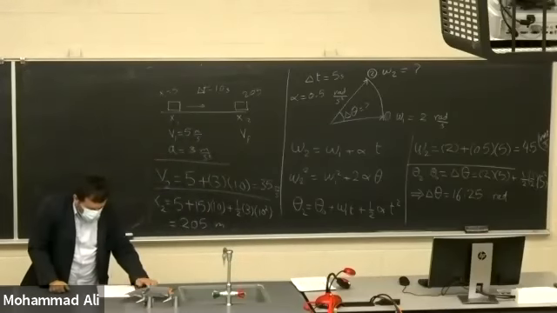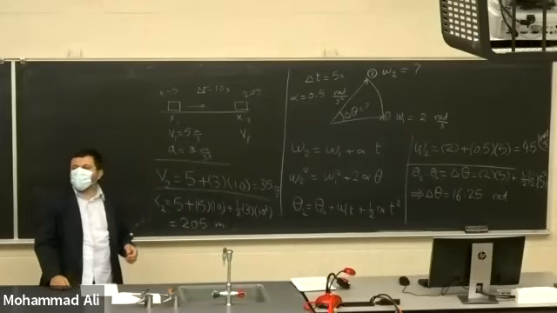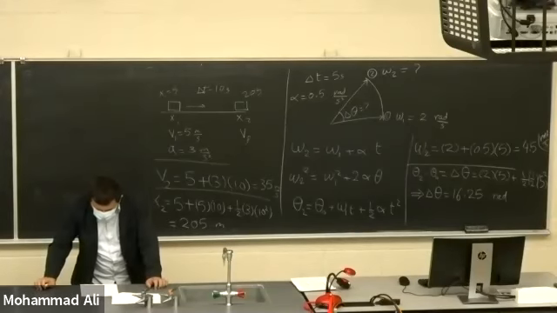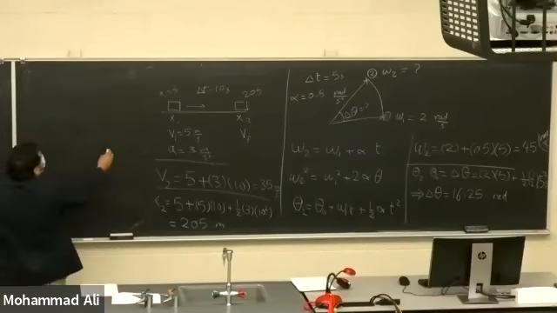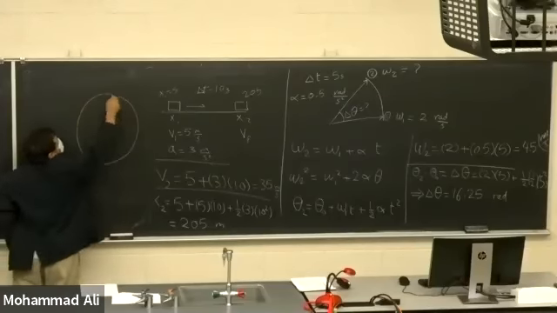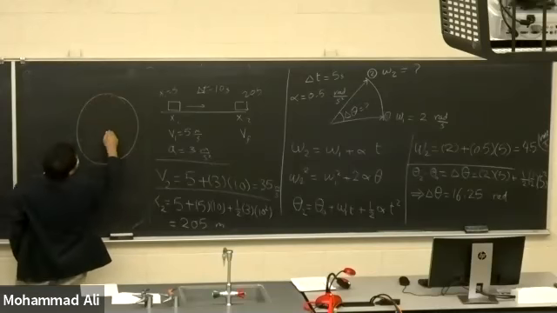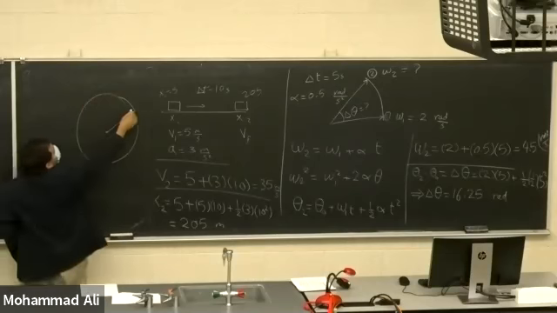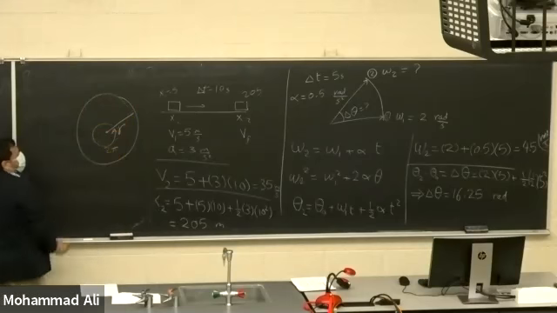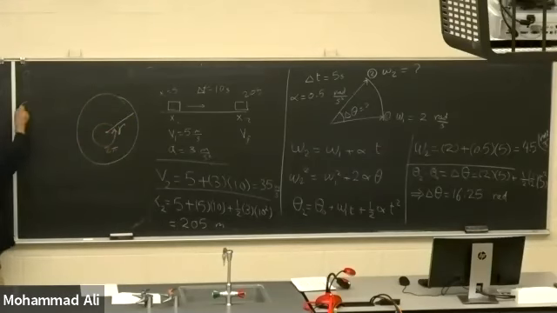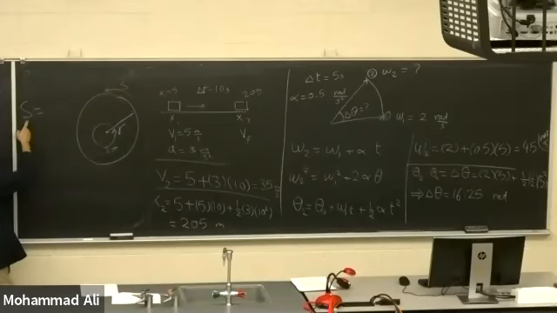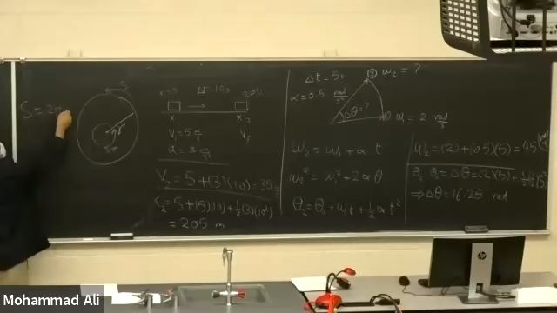Now I will talk about the relation between the linear and angular motion. Now, if we have a circle, and this circle has a radius r, as we know from before, the total angle is 2 pi. And the circumference, which is S, the total S, is equal to 2 pi r.